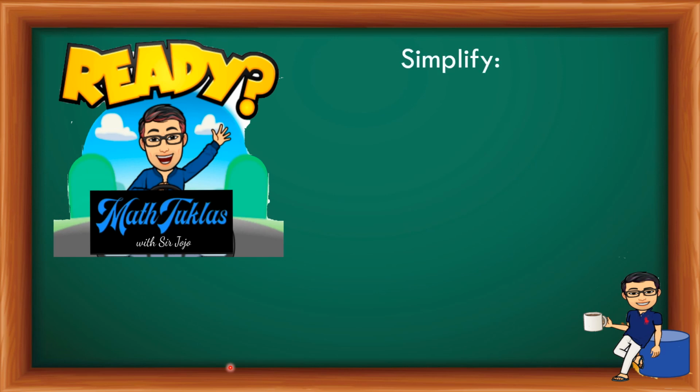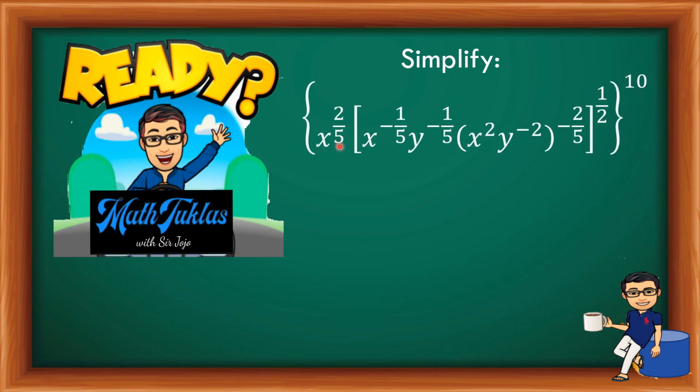Let us consider that we will simplify the expression x raised to 2/5 times the quantity x raised to negative 1/5 times y raised to 1/5 times the quantity x raised to 2 times y raised to negative 2, raised to 2/5, raised to 1/2, raised to 10.